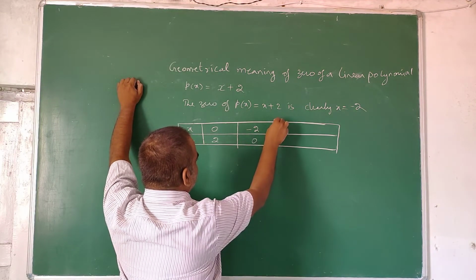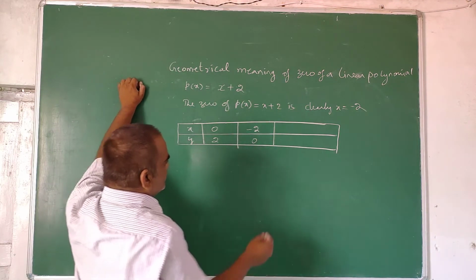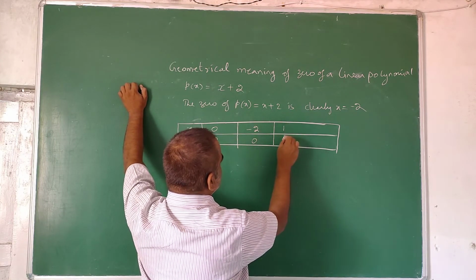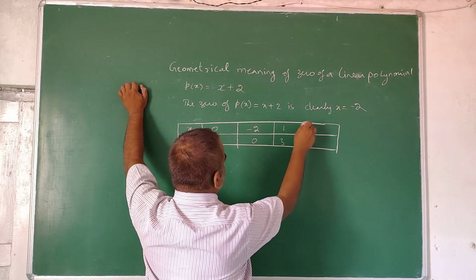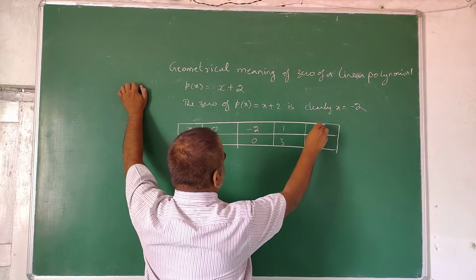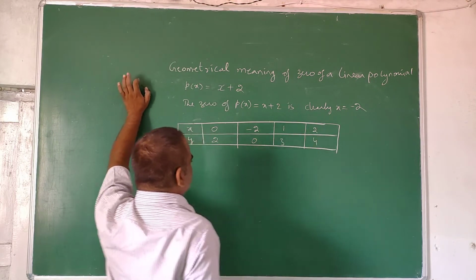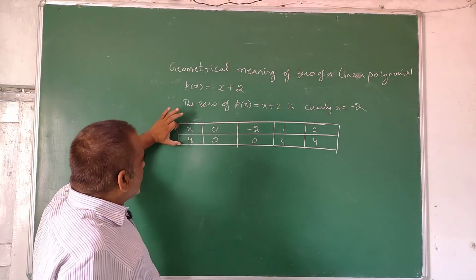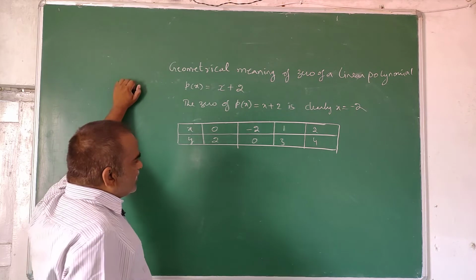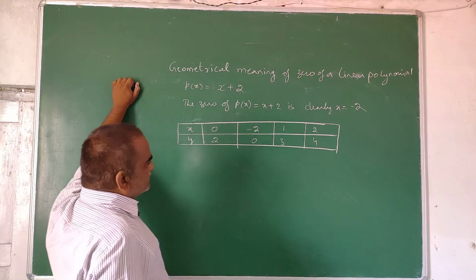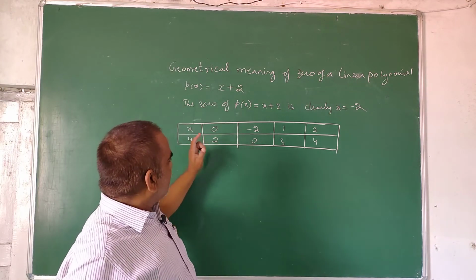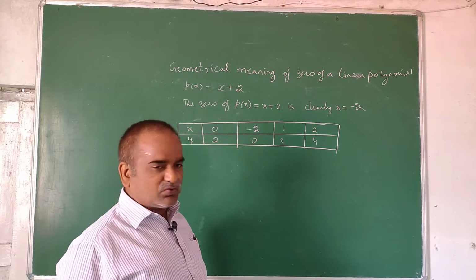Our polynomial is 0. If x is 1, our y is 3. If x is 2, our y is 4. But that's it. So I took some points which satisfy the equation y is equal to x plus 2.